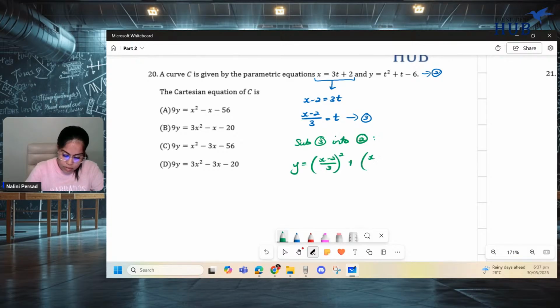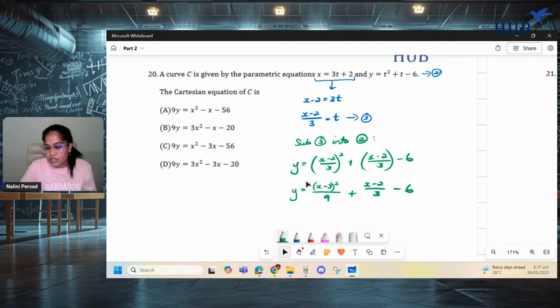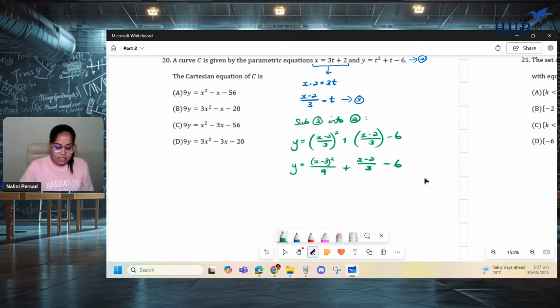So whenever you substitute, make sure and put brackets. This square, please make sure you square in both the numerator and the denominator. So 3 squared is 9. X minus 2 over 3 minus 6. Now, here in pure math, we don't like fractions. The more math you do in life, you don't like fractions.